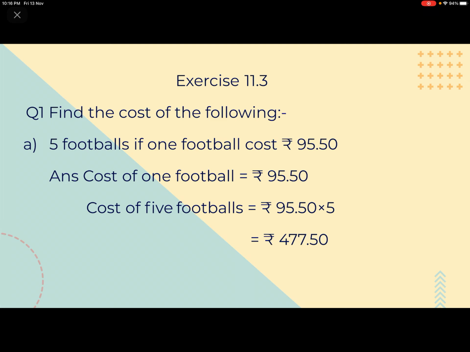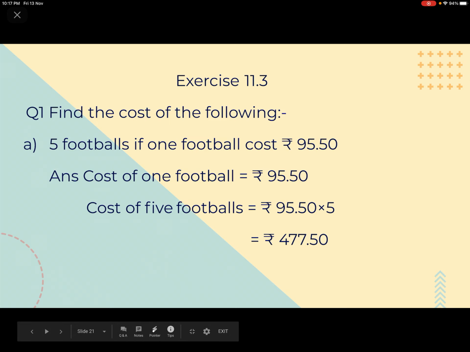So we know the value of 1 and we want to find the value of 5. We will multiply by 5. You can arrange in the vertical and then multiply. I have done it directly. I have done the horizontal multiplication. But the children who are little slow in multiplying will arrange in the vertical order and then multiply. So the cost of 5 footballs would be rupees 477 and 50 paisa.